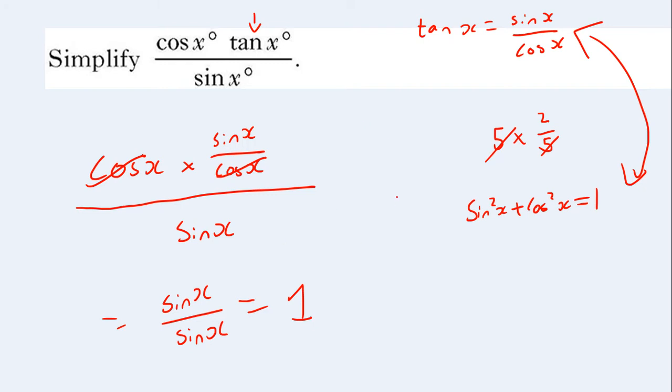If I had chosen the wrong one, all that I would do is at some point think this isn't working, stop what I'm doing, go back to the start and try again with a different identity. So if you ever find yourself doing this and it just looks like a big mess and you don't see a way through, just try using a different identity instead. Okay, again, practice makes perfect with this sort of thing.